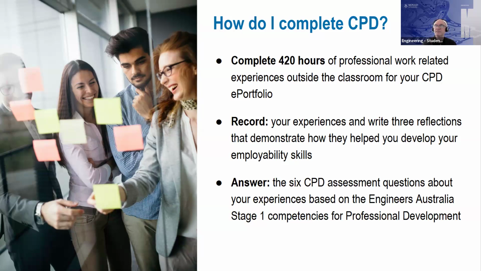This is probably the most important part of your submission because the answers align with Engineers Australia Stage 1 competencies where professional development is really important. And look, once you do graduate and work as an engineer, part of your accreditation will be ongoing professional development even while you're working. So CPD at Monash is a good place to start to build those skills.